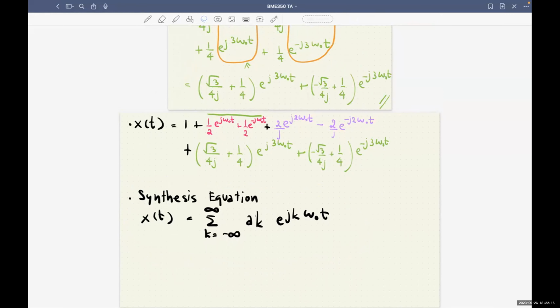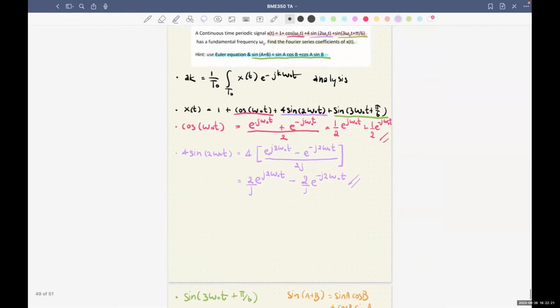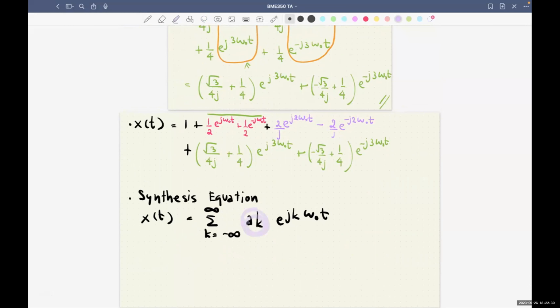And on the question, it asks us to find the Fourier series coefficient. So it asks us to find a_k, right? How can we find a_k? That is in this equation. So we need to know what we should set our k to be.